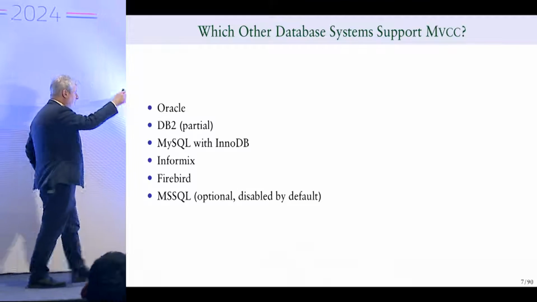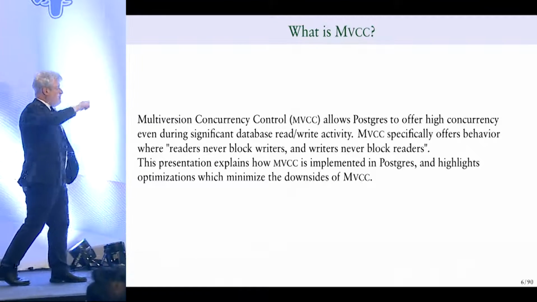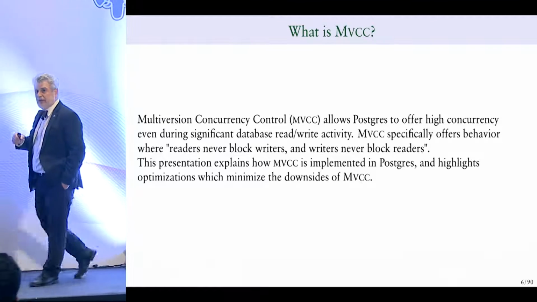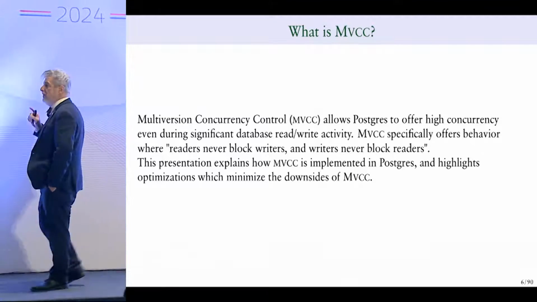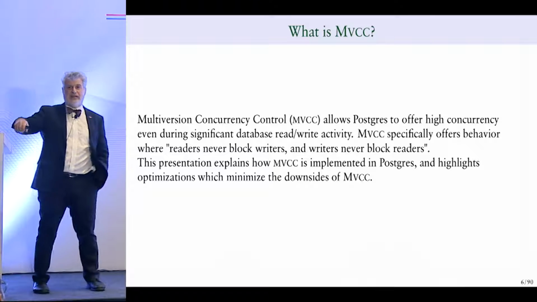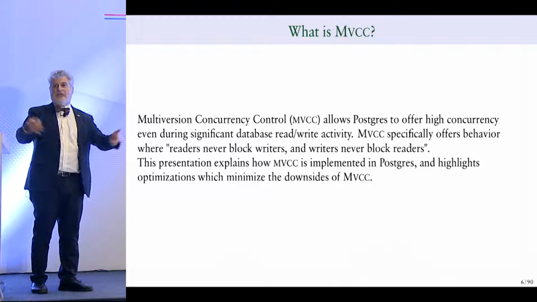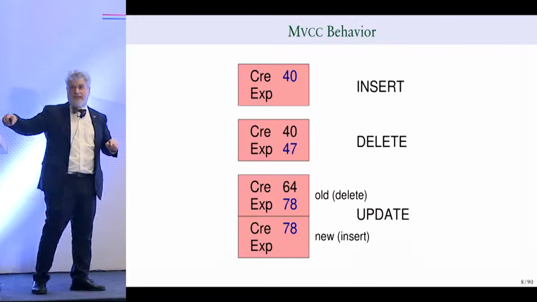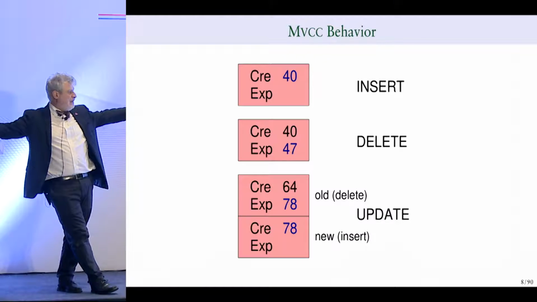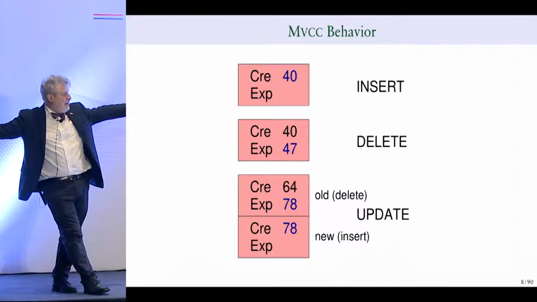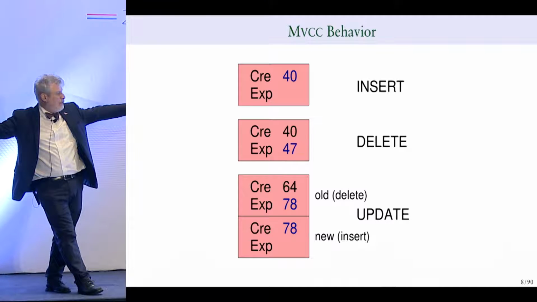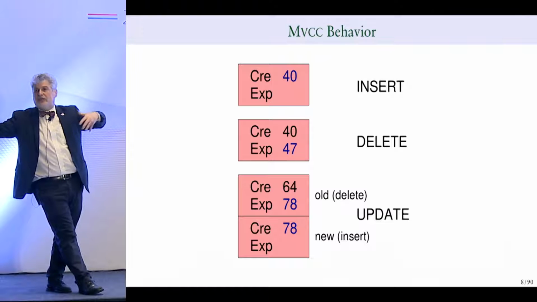You remember this slide where I said that readers never block writers and writers never block readers. How can we do that as a relational system? Because people are writing and reading all the time. The way we do it is this. When you do an update, the old row remains so that readers can see a consistent view of that row, okay?